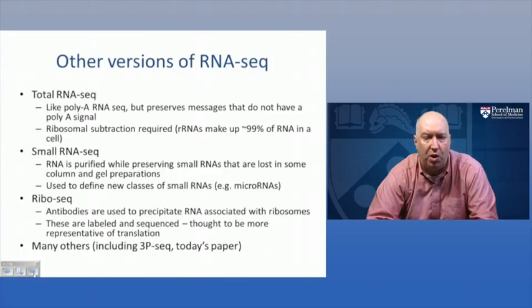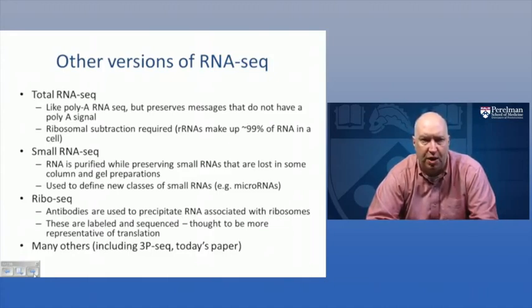There are many small RNA sequencing protocols now to get at these classes of small RNAs, like microRNAs, that are in samples. In this case, the RNA can be purified while preserving small RNAs that are lost in some column and gel preparations used for doing poly-A or total RNA sequencing. And this technique is used to define new classes of small RNAs or measure their differential gene expression.